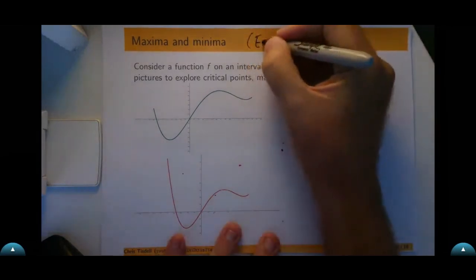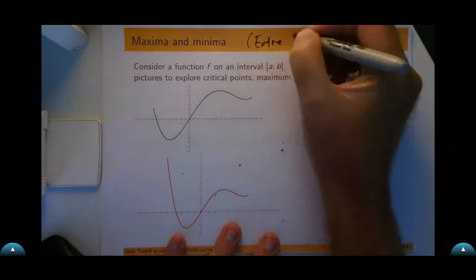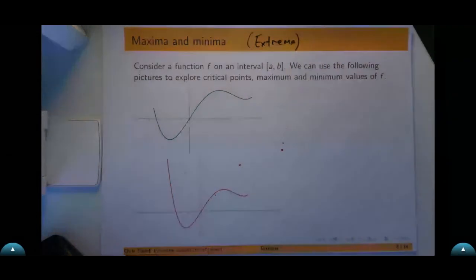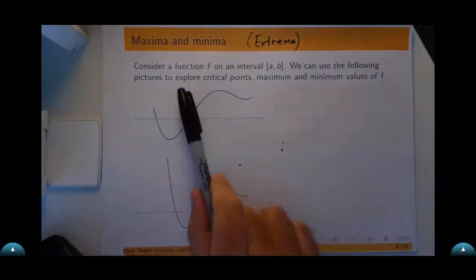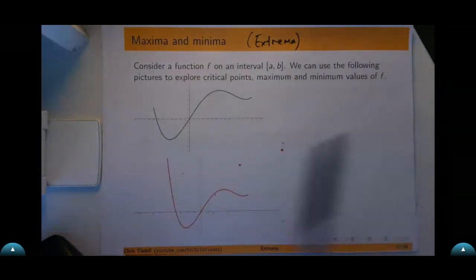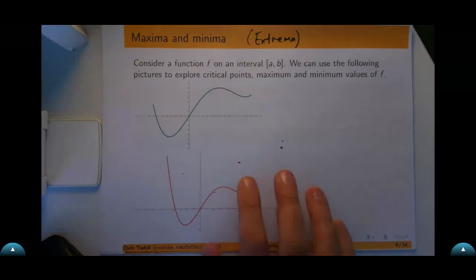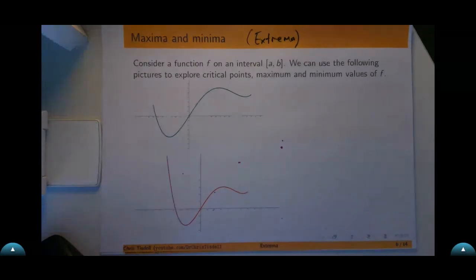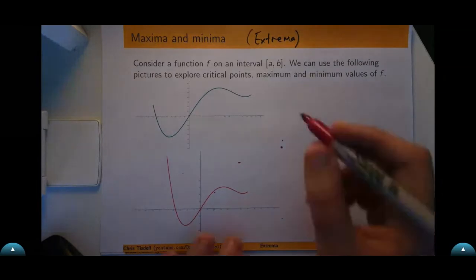Okay? All right. So what can we do with this? Well, I'm glad you asked. We can look at maximum and minimum values. And this has nice applications. You'll see some applied problems where you want to maximize or minimize the output with certain inputs. And we'll look at some questions around that. Okay, so let's have a look at these diagrams and see what we can make of it.